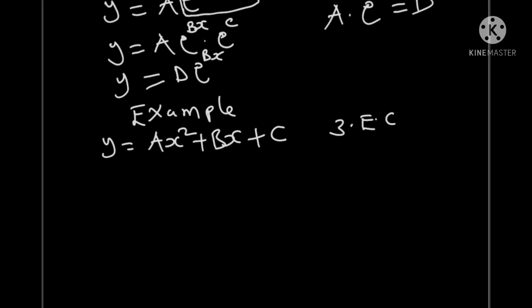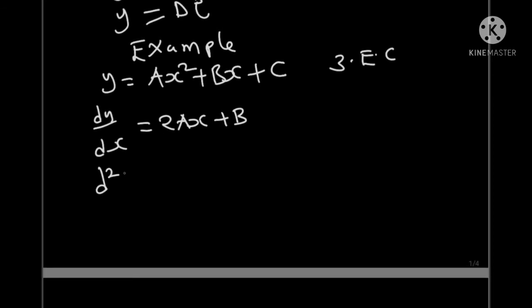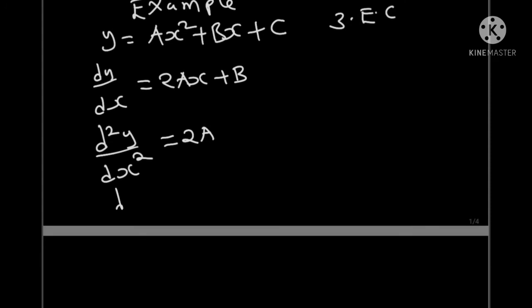Therefore, we are required to differentiate 3 times. Let's start. dy over dx equals 2ax plus b. d squared y over dx squared equals 2a. Then the third one will be d cubed y over dx cubed equals 0. This is the differential equation required.